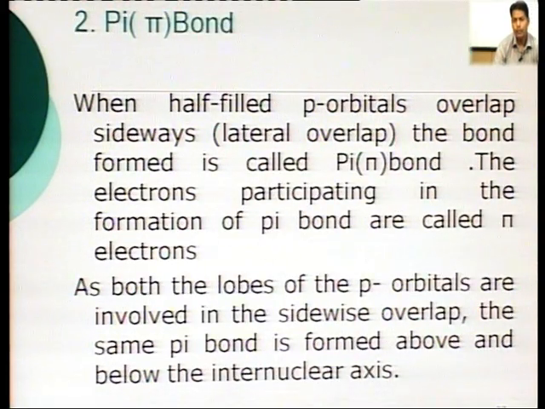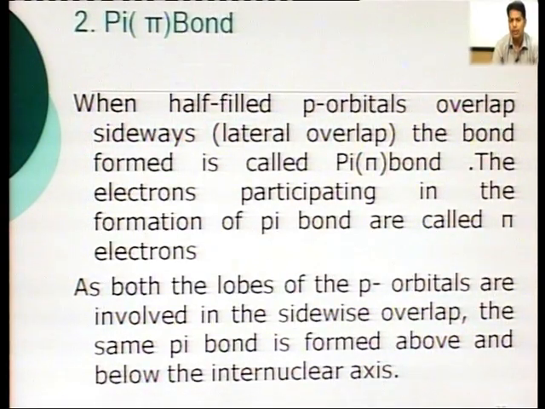When two half-filled p orbitals overlap sideways, that is lateral overlap, the bond formed is called a pi bond. So, another type of bond is a pi bond. They do not overlap at the internuclear axis, but overlap on both sides of the internuclear axis.